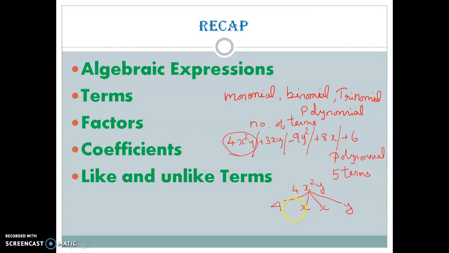Hope you understood how we talk about factors. Now to talk about coefficient. In the same expression, I can ask you, coefficient of minus 9y squared is dash. It is minus 9. If you leave out the sign, it is wrong. Hope you understood what this is.